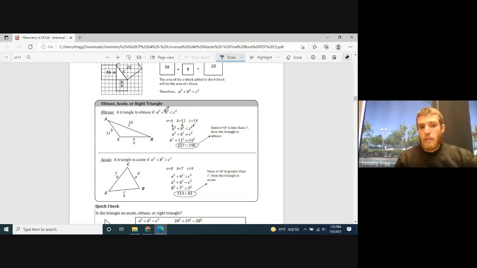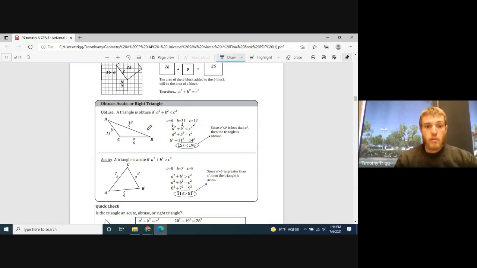They're not equal, but if you square the two smaller sides and it's less than the biggest side squared, then it makes an obtuse triangle, meaning its largest angle is bigger than 90. You can see this angle right here where C is, it's larger than a 90-degree angle. So that's an obtuse triangle.